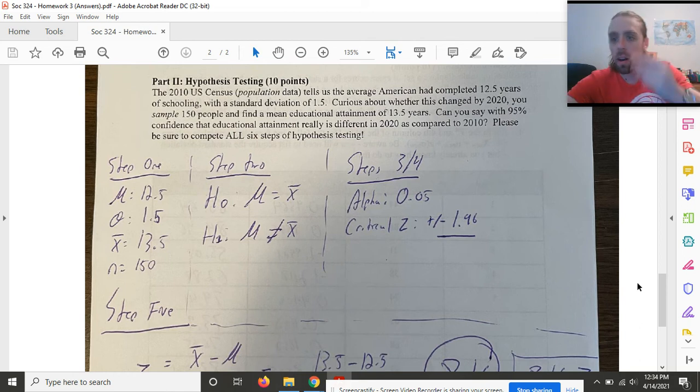Steps 3 and 4, I'm going to get very good at this. Alpha is 0.05. I know that because I was asked for 95% confidence. So knowing that I got 95% confidence, 1 minus 0.95 equals 0.05.